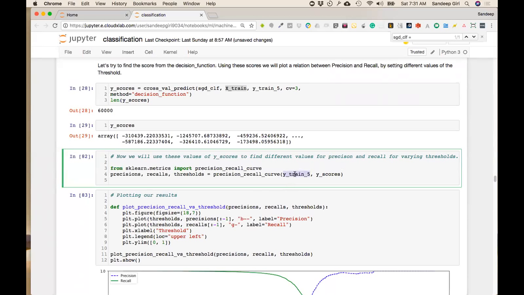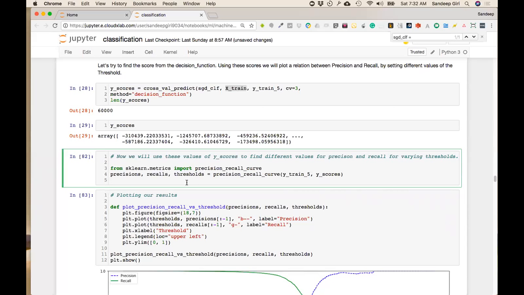This is the actual, and this is predicted. When we call precision_recall_curve, it is going to give us three values: precisions, recalls, and thresholds.